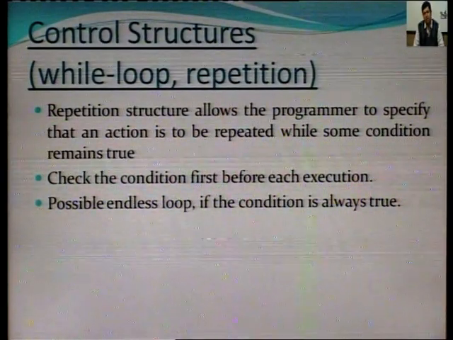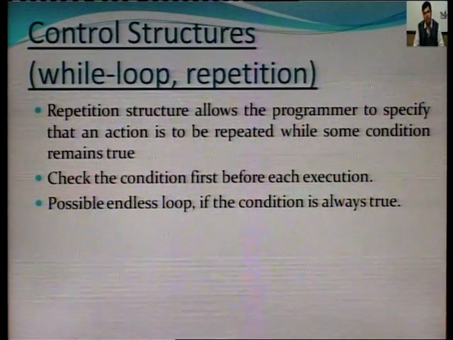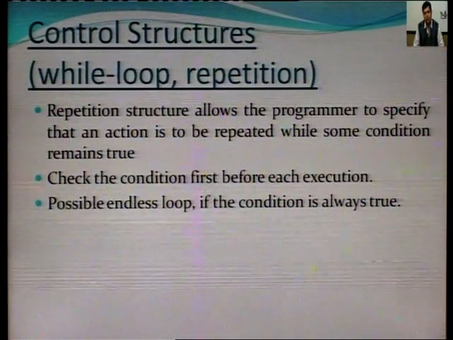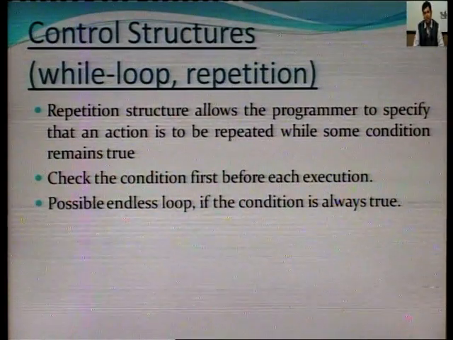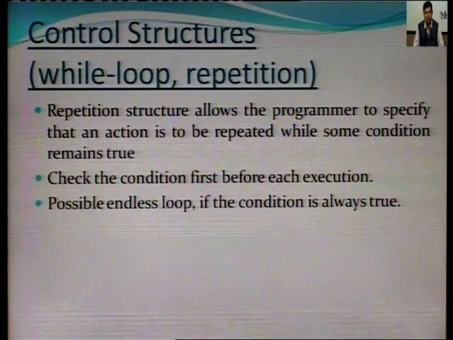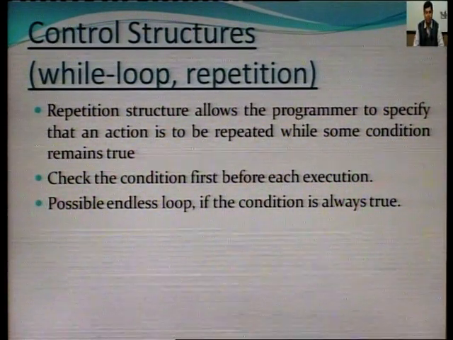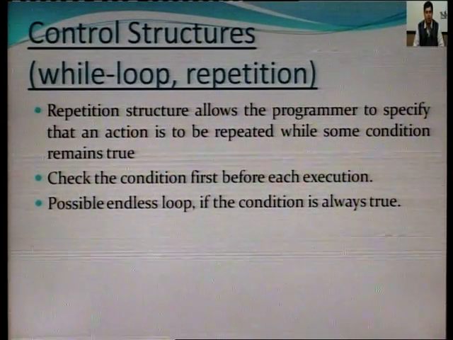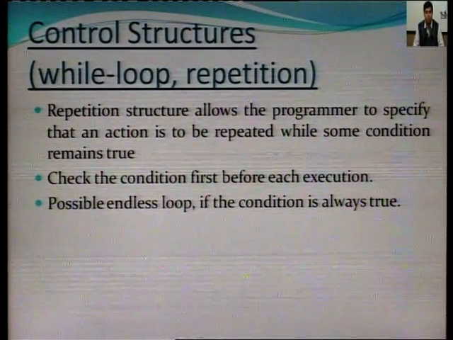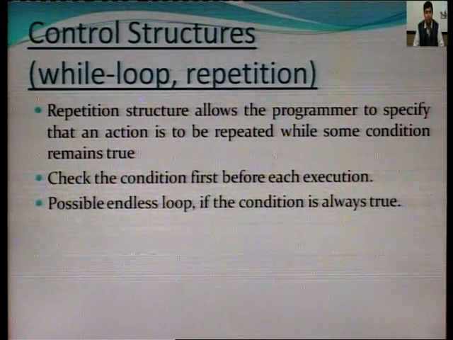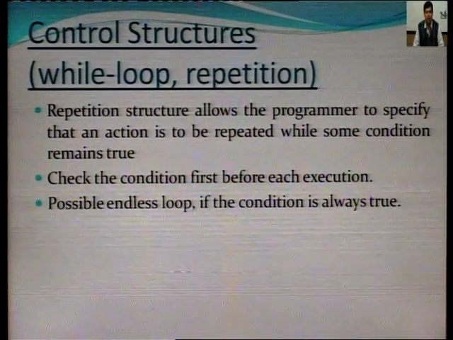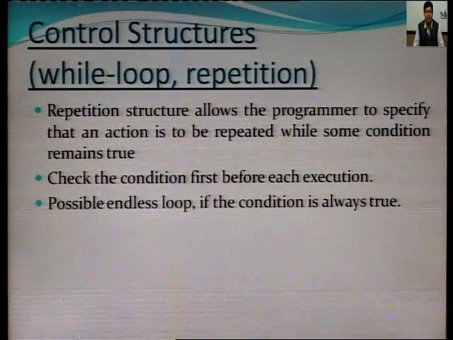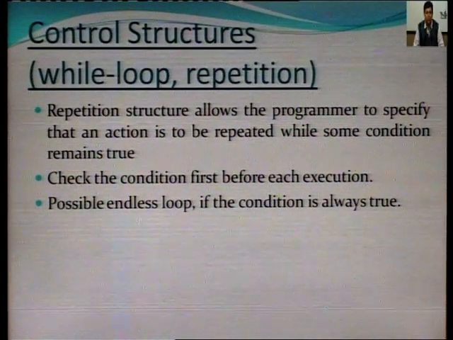Now we have control structures. We use the while loop as a control structure for repetition. Let's say we want some instructions to be executed a number of times. The repetition structure allows the programmer to specify that an action is to be repeated while some condition remains true. With the help of the condition, we control the loop.